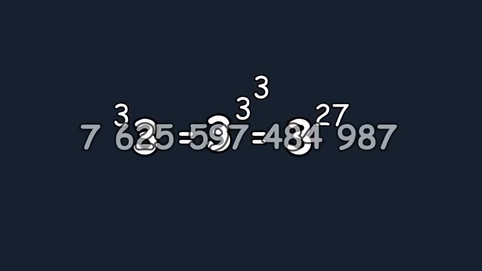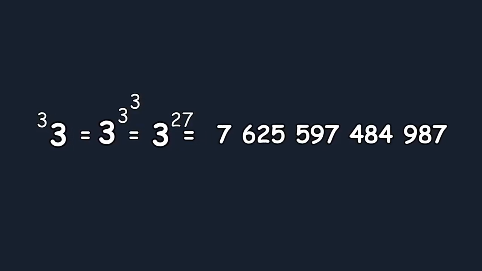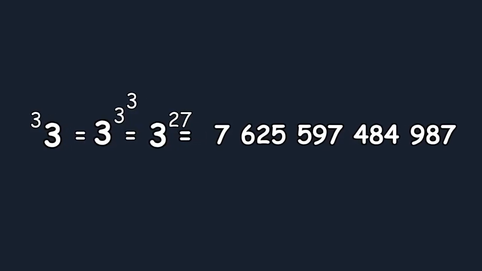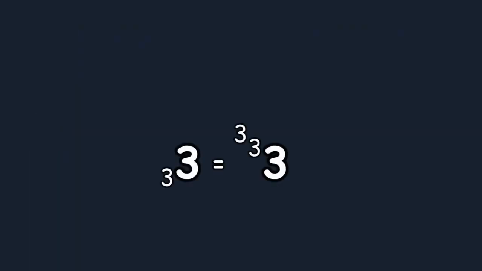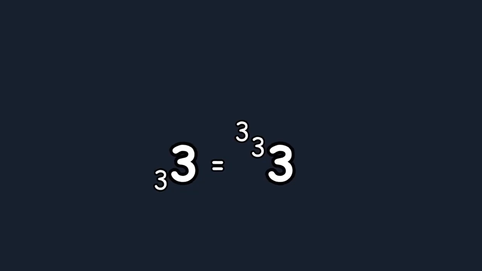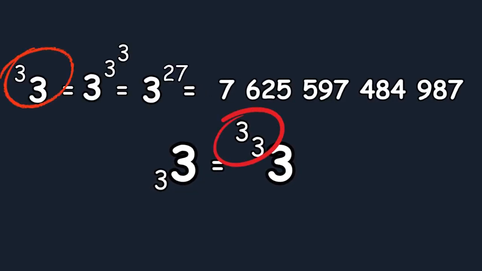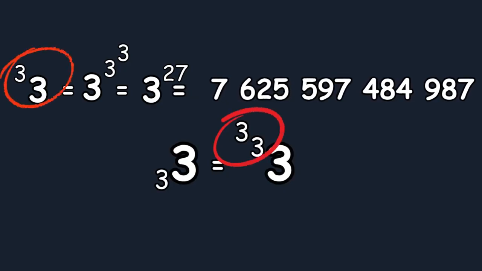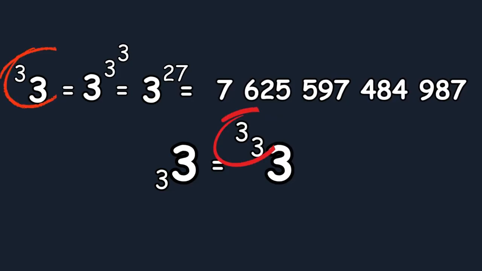This, my friend, gives 7,625,597,484,987. So how will the pentation of this work? 3 pentation 3. That is 3 tetration 3 tetration 3. And we just saw that 3 tetration 3 equals 7,625,597,484,987.